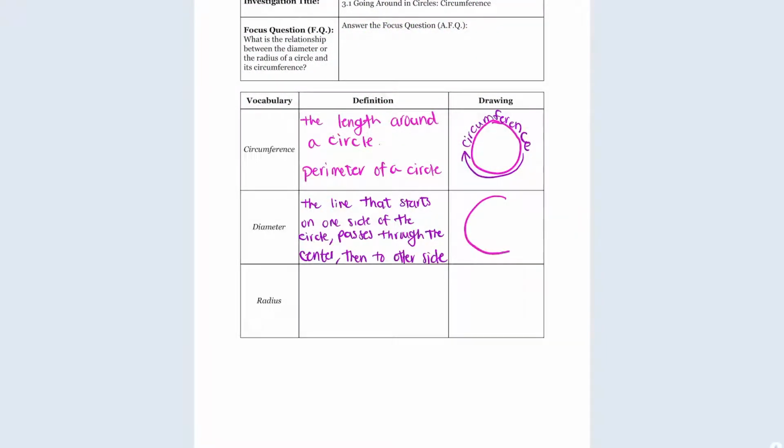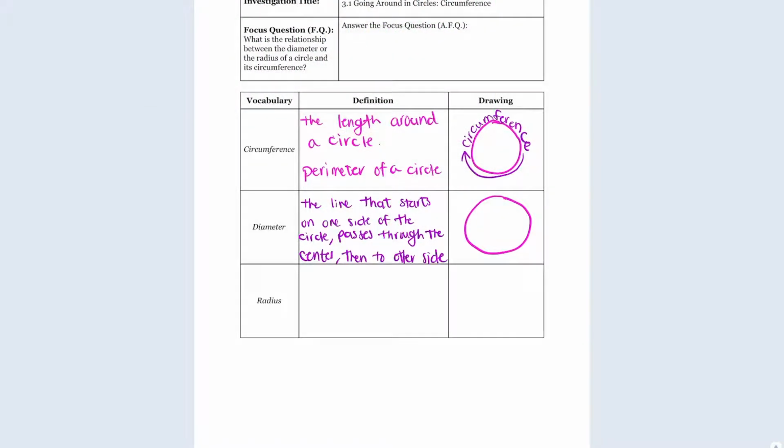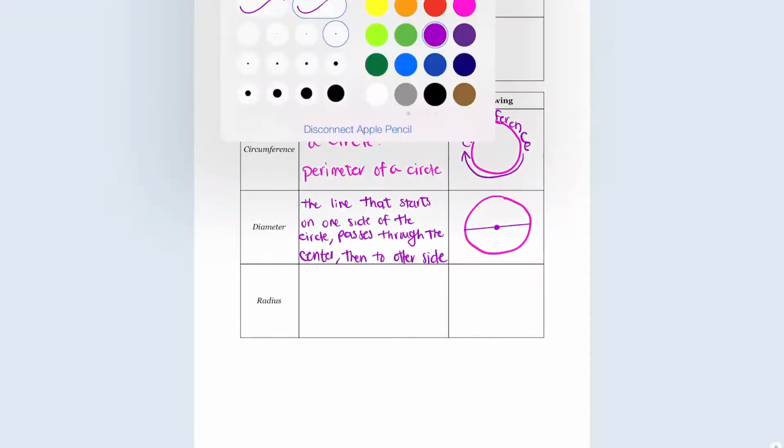So we have our circle here, and right there is the center of our circle. Now your diameter is going to start from one side of the circle, go through the center, and then touch the other side of the circle. So it'll look something like this.